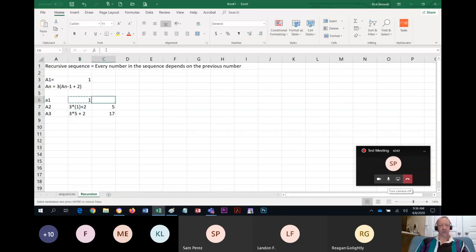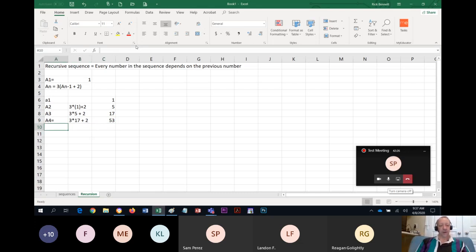I'm going to move this over. Okay. So a sub 4 in this case is going to equal 3 times a sub 3. A sub 3 is 17. And then we're going to add 2. Okay. 3 times 17 is 51, plus 2 is 53. Okay.